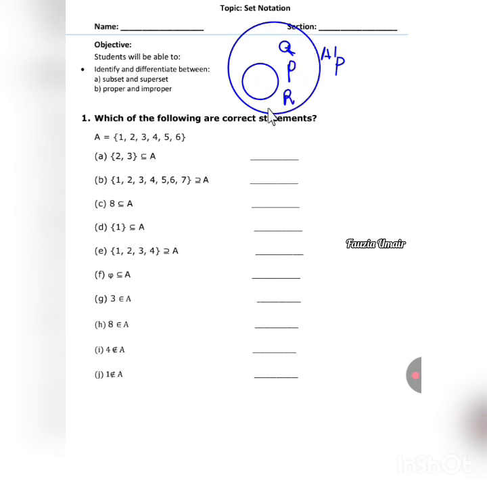So this bigger circle is the set of alphabets and the inner circle is, let's say, the set of vowels. A will be there, E will be there. So then we can say that the set of vowels is a subset of the set of alphabets. All the elements of the subset are part of the superset, the outer set. That is the concept of subset and superset.